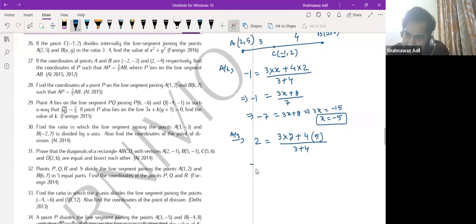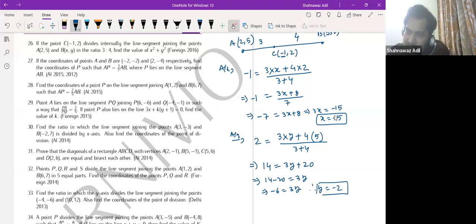This would be 7 into minus 2 is minus 14 equals 3y plus 20. So 3y is minus 34... y is minus 2. So this was the primary x and y.